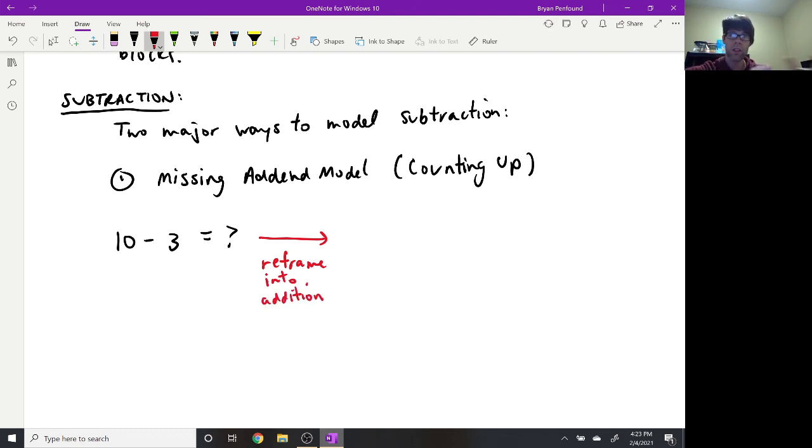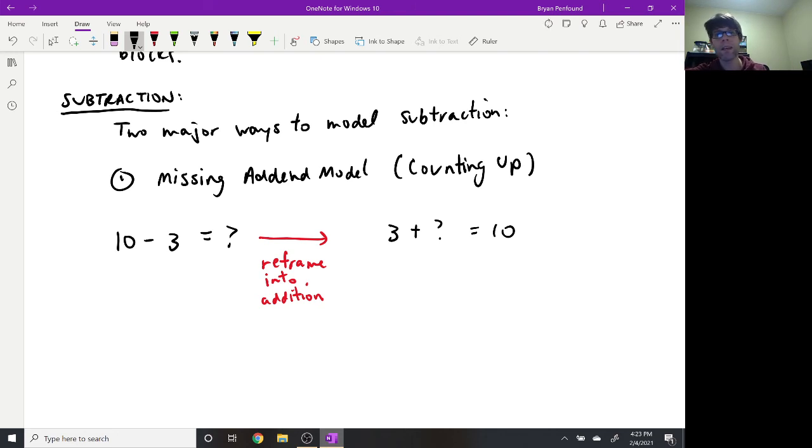So in other words, there's a relationship between the subtraction numbers we have here, 10, 3, and question mark, and a similar question in addition. So 10 take away 3 is equal to what is actually the same thing as saying start with 3 objects, add some stuff to it until you get to the number 10. So this is the connection between a subtraction statement and the similar addition statement.